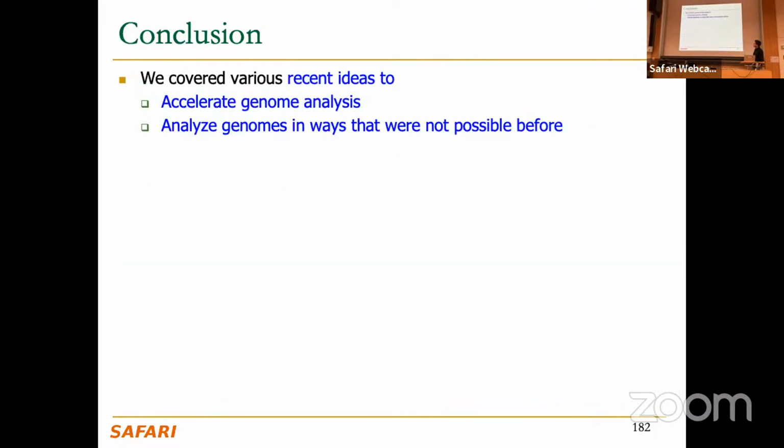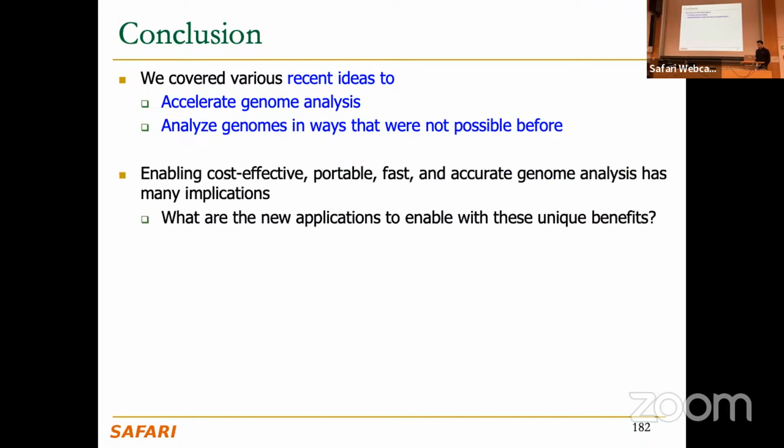So to conclude, today we covered many recent ideas to accelerate genome analysis, and also to analyze the genomes in ways that were not possible before. For example, the analysis of raw signals and the assembly from the raw signals. So essentially, enabling cost-effective, fast and accurate genome analysis is important, but another important item here is portability.